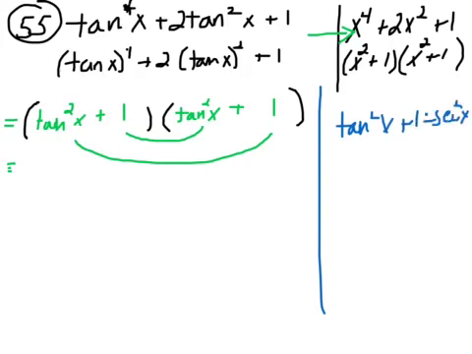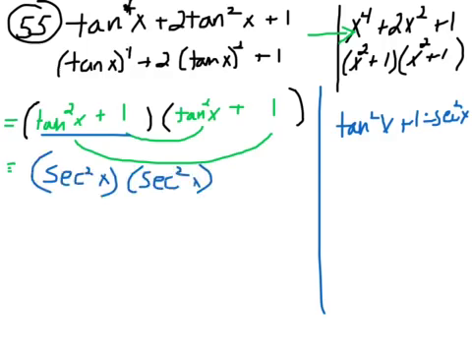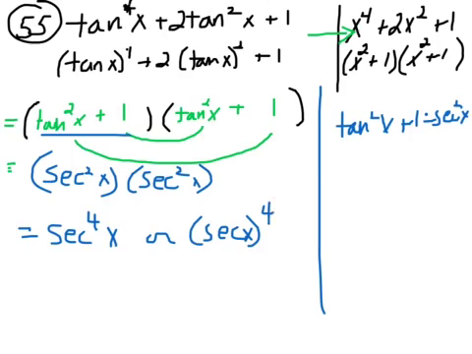So this one is secant squared x, and the other one is secant squared x, and so this is equal to secant 4x, or you could write it as secant x to the fourth power. Either way, you could simplify those three terms down into this.